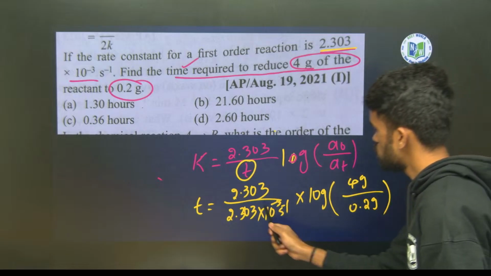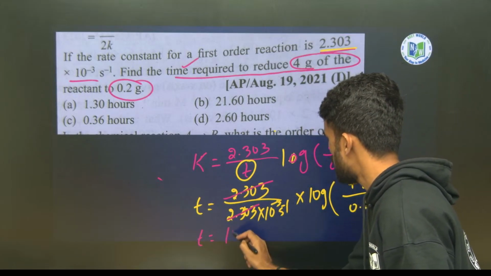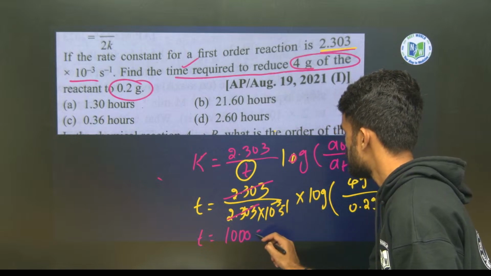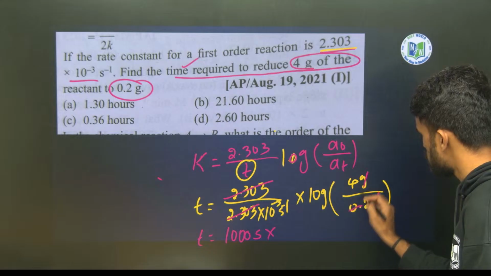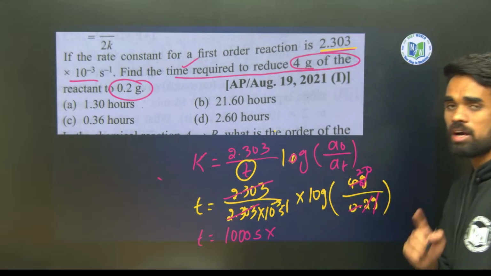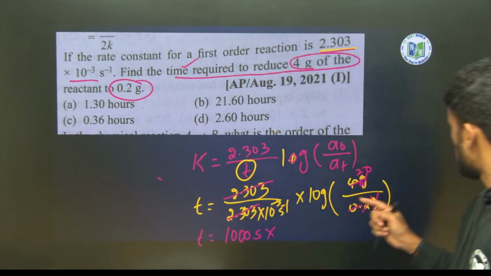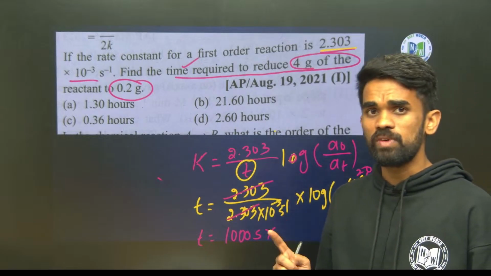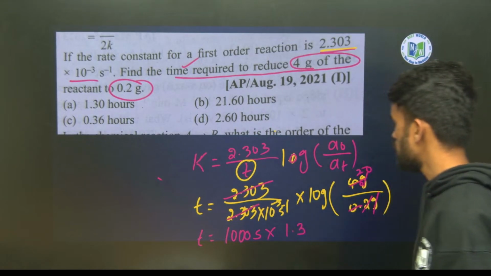So I can remove this. So time is equal to 1000 seconds into log, and 4 by 0.2 means 20. So log 20 I can write as log 10 plus log 2. Now log 10 is 1 and log 2 is 0.3, so I can write 1.3 here.